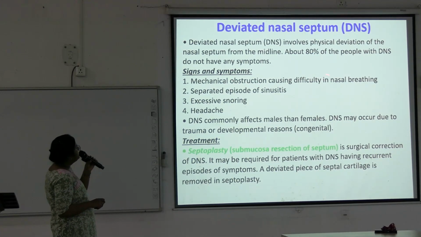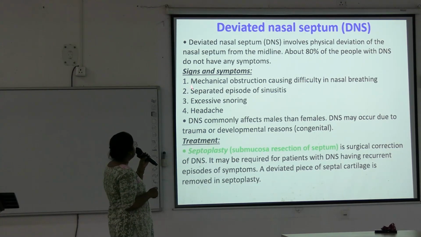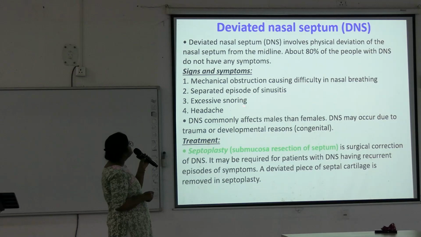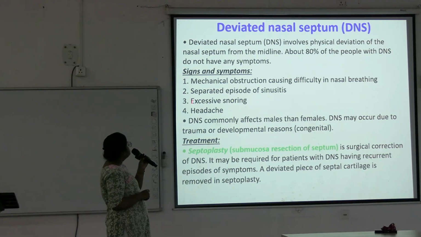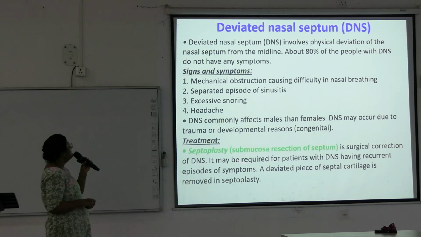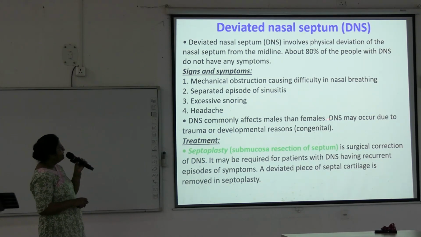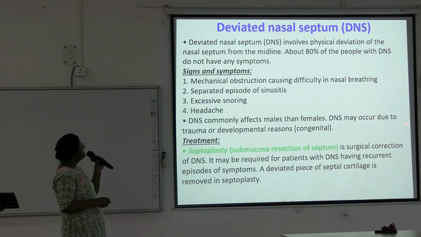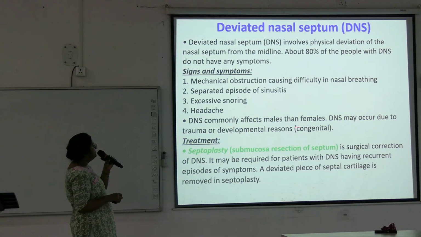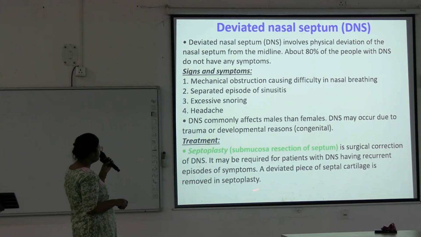Mechanical obstruction causing difficulty in nasal breathing, repeated episodes of sinusitis, excessive snoring or headache. Deviated nasal septum commonly affects males more than females, and it can occur due to trauma or due to developmental, congenital reasons.